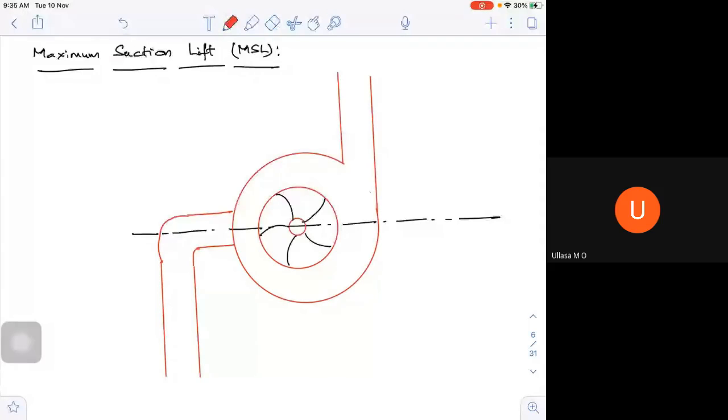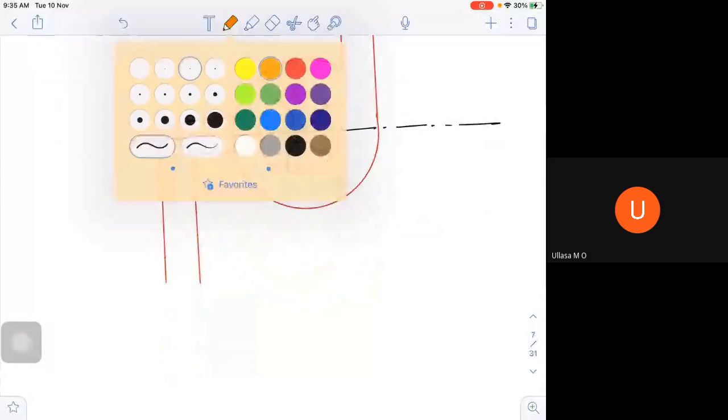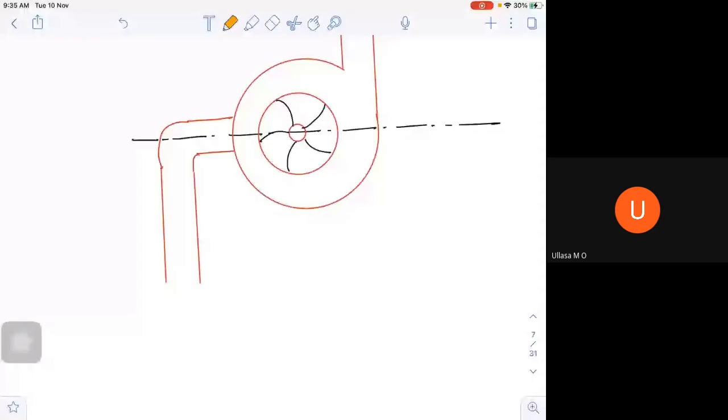This is where I have a suction. This suction will go to the eye of the impeller. Now I have a sump of water somewhere here. This is my sump, and I do have a foot valve here, which is like a mesh.